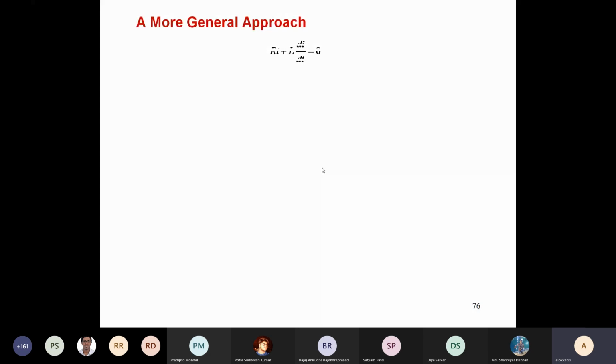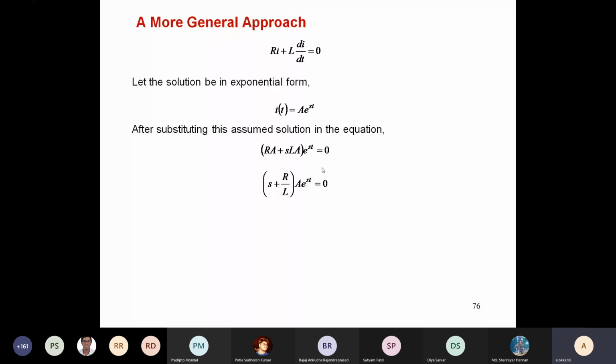There are also more general approaches. In fact, we did this approach in the previous class, and we saw the solution for this differential equation. Since i is a function of t, I'm not explicitly writing the t, but the small letter basically means it is a function of t. If we assume the solution i equal to A e to the power st, and substitute this here, we ultimately get this type of equation.